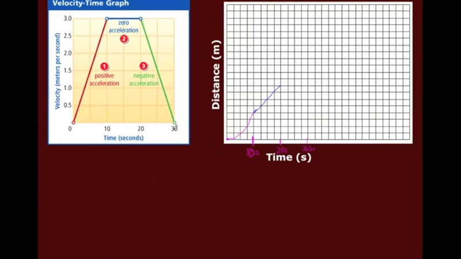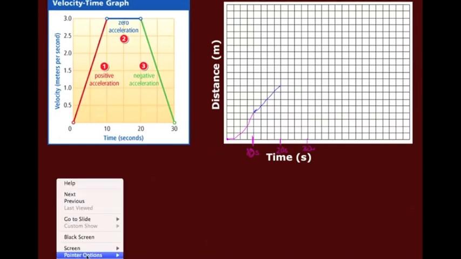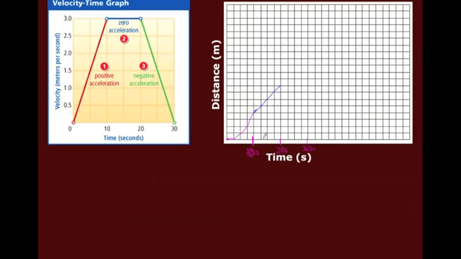And then in the last 10 seconds, you have deceleration, which means it's going to start slowing down. And remember, it's a curved line again. It's curved until it goes flat where it stops. So it's almost like an S-looking figure.